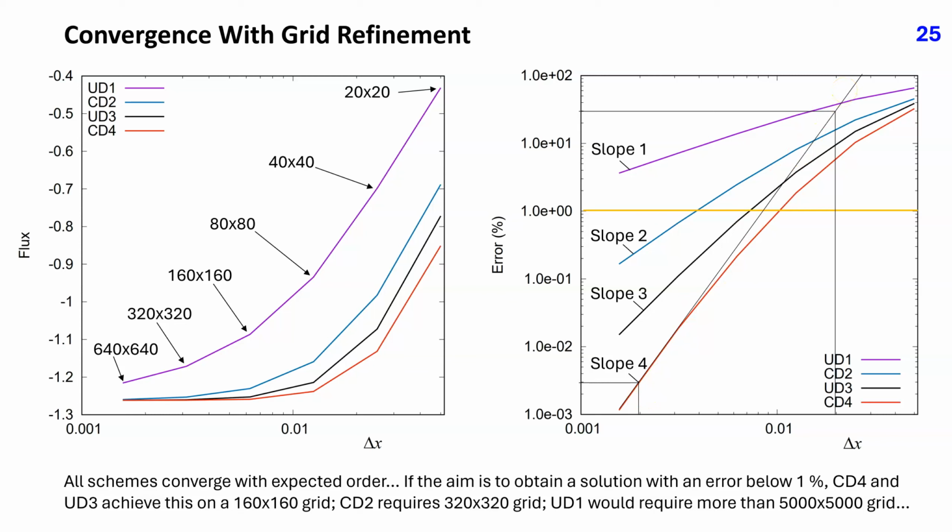This means that with further grid refinement, the error would fall 4 orders of magnitude when the grid spacing is reduced by 1 order of magnitude. If the aim is to obtain a solution with an error below 1%, CD4 and UD3 achieve this on a 160 by 160 grid, CD2 requires a 320 by 320 grid, and UD1 would require more than 5000 by 5000 grid.